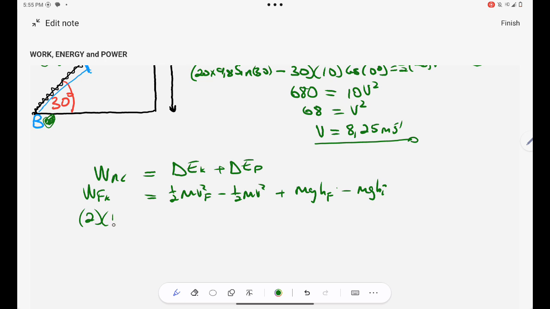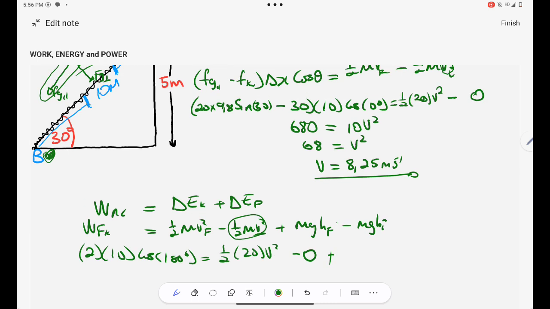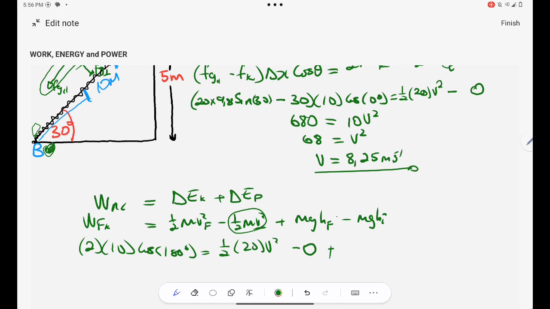Work done by friction is the magnitude of force multiplied by the displacement cos of 180. Friction is always opposing motion, né? So the angle is 180. That's 1/2 multiplied by 20, and I'm looking for the final velocity, minus the initial velocity, which was 0, and hence the change in kinetic energy is just the final one, plus the height of the block whenever it is at position B, which will simply be 0 meters above the ground.